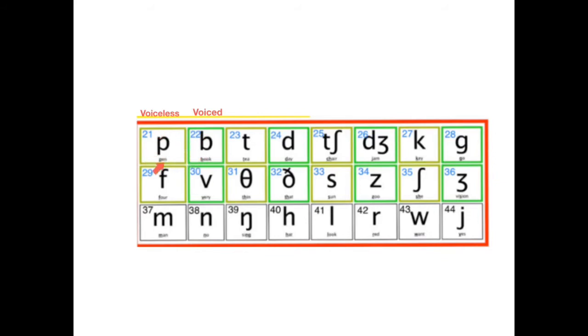All right, like if you say p, there's no vibration, but the ones for b, b, b, if you say it correctly, you're going to feel a vibration. Like look at the th, the one represented by that symbol, and the other one is z. There's a vibration, right? So, very, very interesting.